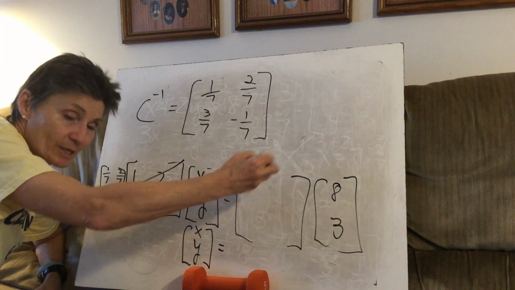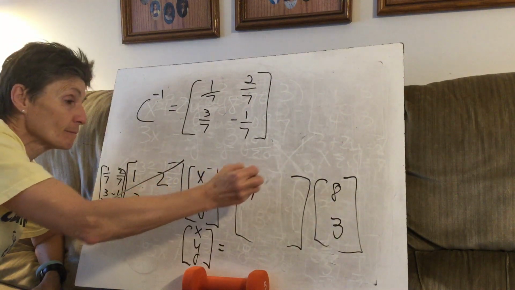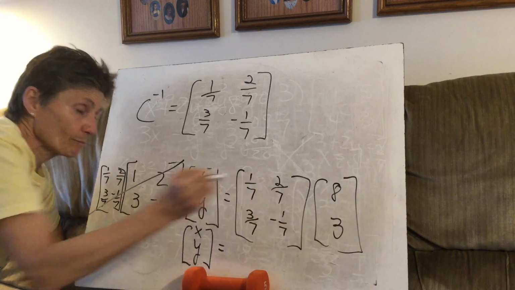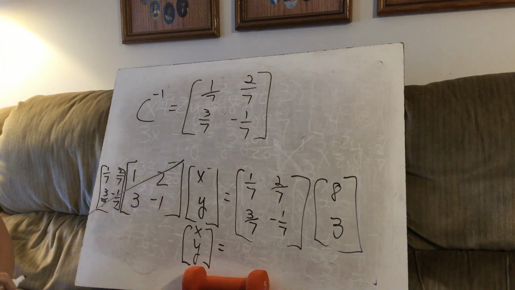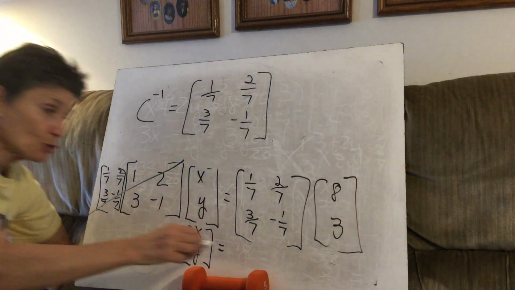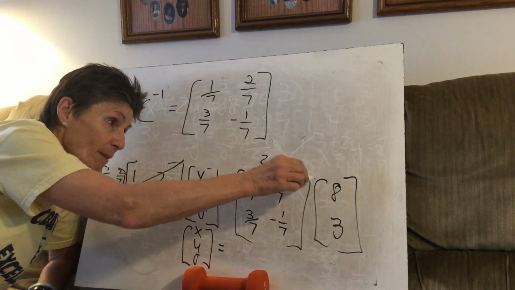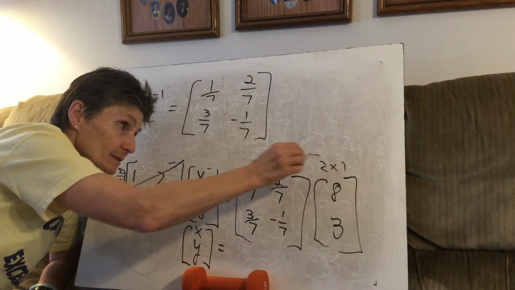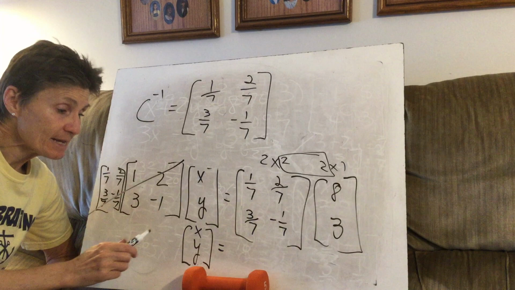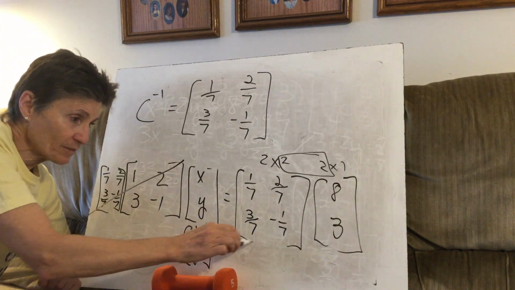And my answer is going to come from here. So now I have to multiply this 2 by 2 by this 2 by 1, which is going to leave me with a 2 by 1.